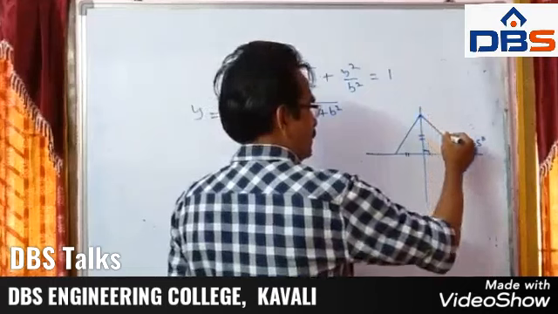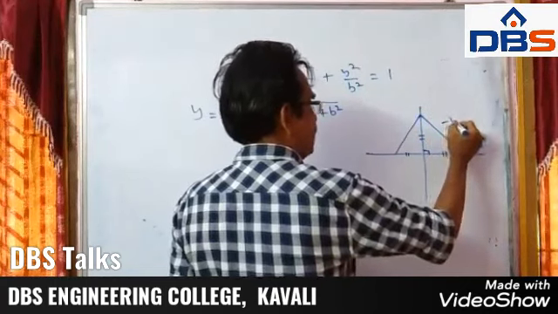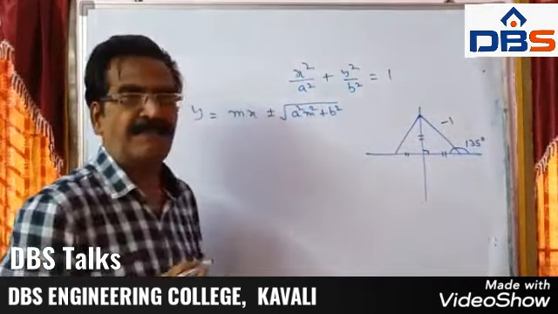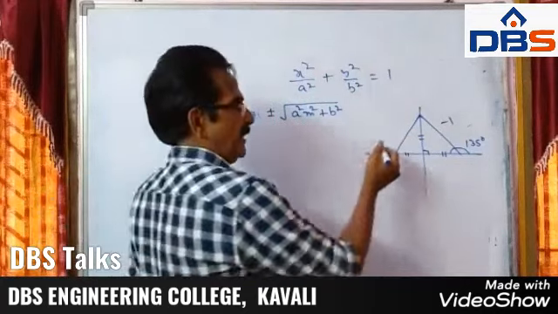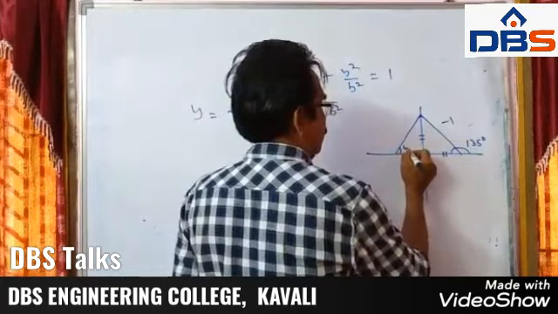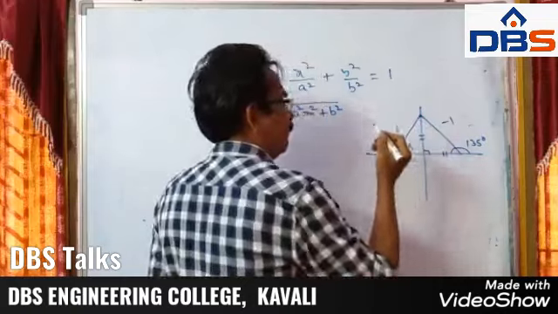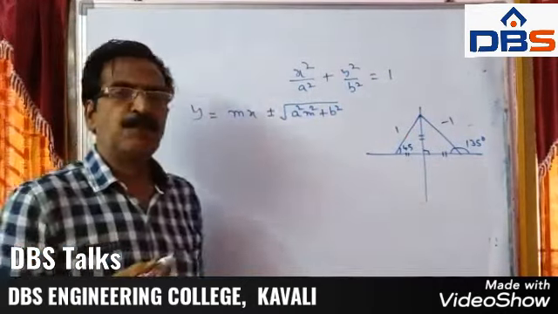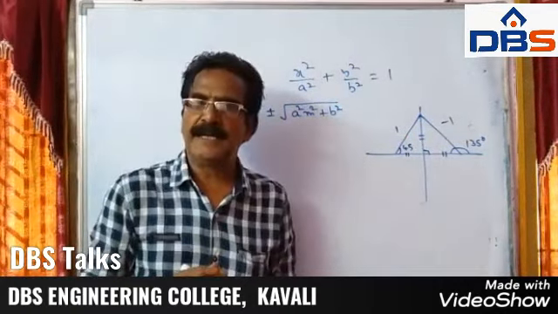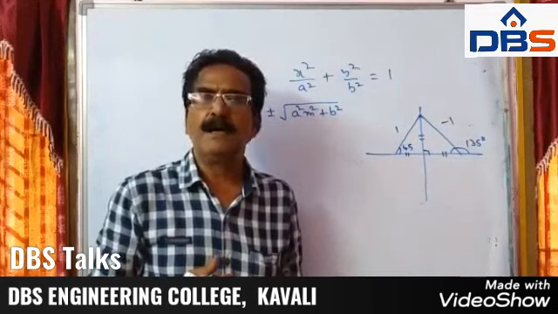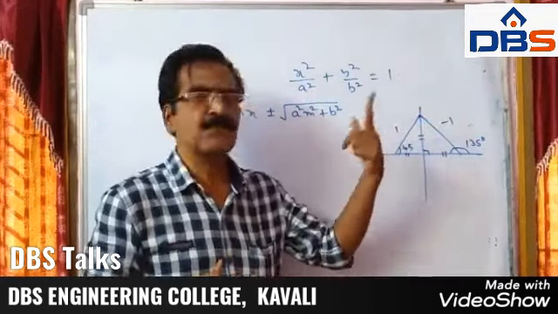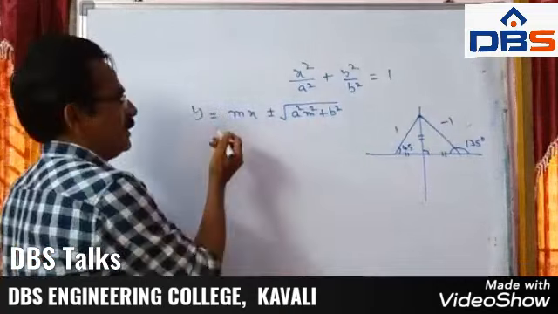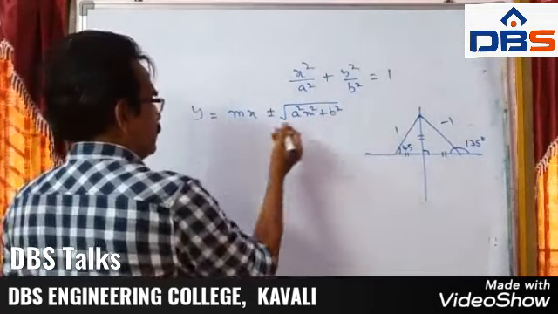The slope of this line is tan 135, which is minus 1, and the slope of the other line is tan 45, which is 1. So the slope may be either 1 or minus 1.